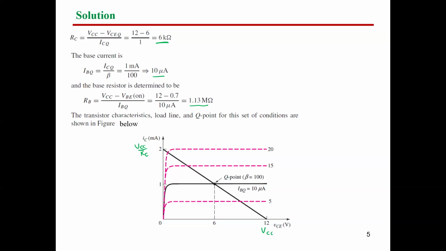For sure, the intersection of the load line with the operating characteristic of the BJT is going to be our Q point. The selected curve represents the characteristic at IB equals 10 microampere, and beta here will be 100.